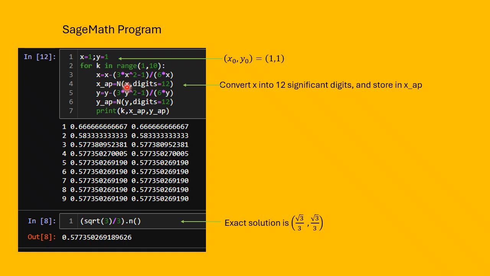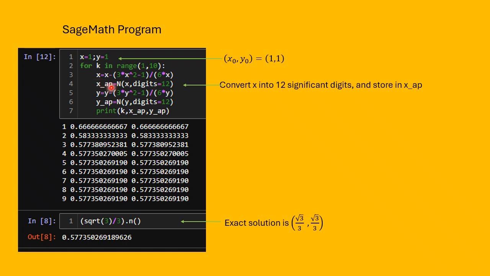I'm giving it the first parameter of x, and I want a decimal approximation of that number with 12 digits. Basically, I just want 12 significant digits. So this right-hand side converts x into its value to 12 significant digits, and stores it in x underline AP.